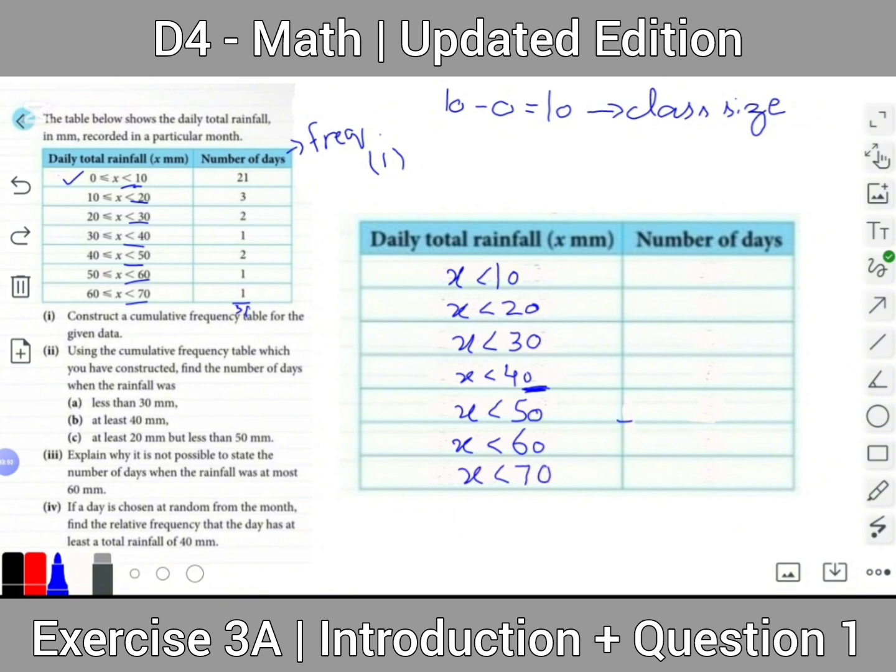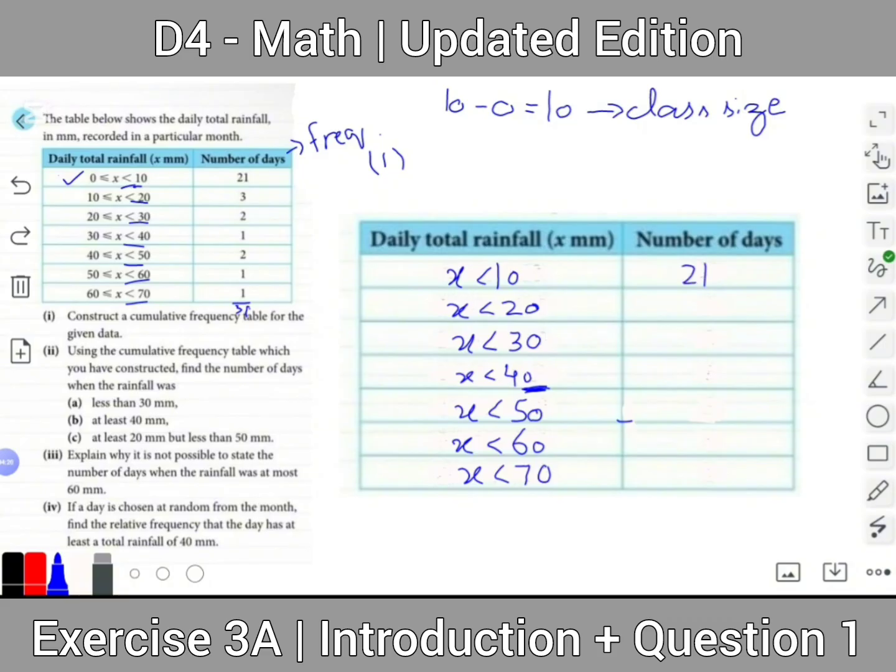If we want to calculate the cumulative frequency till 20, we will add the frequencies from 0 to 20. Since in the previous question we have already discussed that the first entry of the frequency table will be copied as it is into the first entry of the cumulative frequency table, the first entry will be 21.